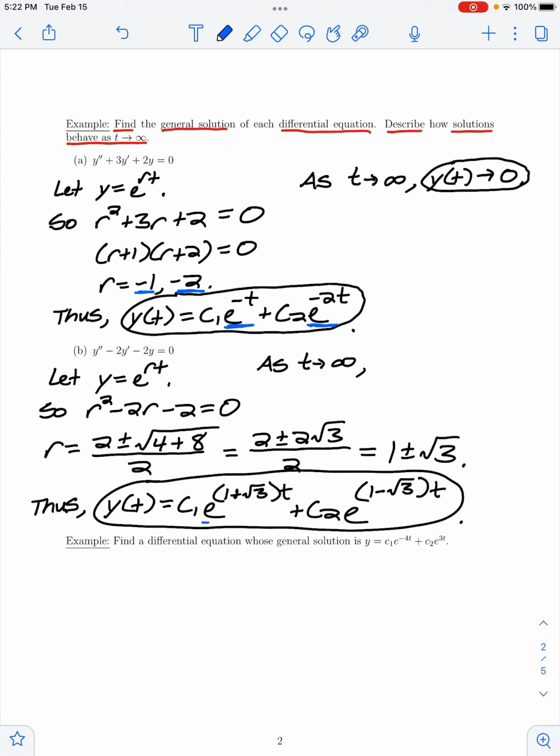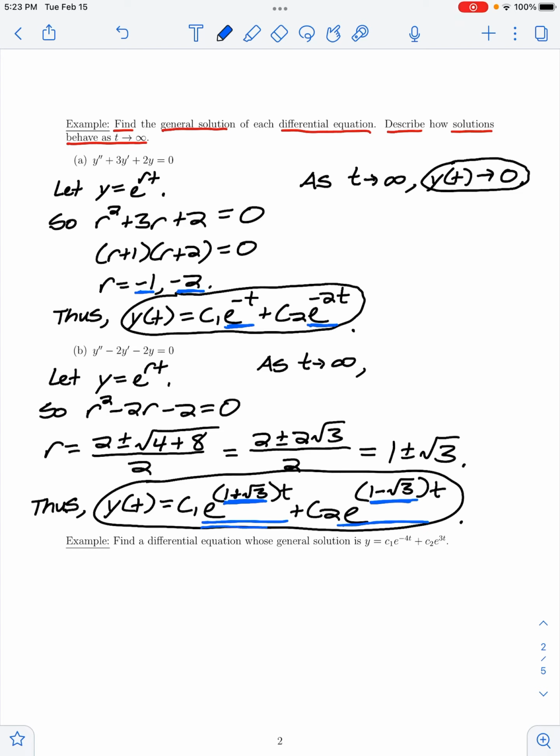For this first term, e raised to the 1 plus square root of 3 times t, our root is positive. So this first term is going to exhibit exponential growth, whereas our second term, e raised to the 1 minus square root of 3 times t, well, our root 1 minus the square root of 3 is negative, so that second term exhibits exponential decay approaching 0.